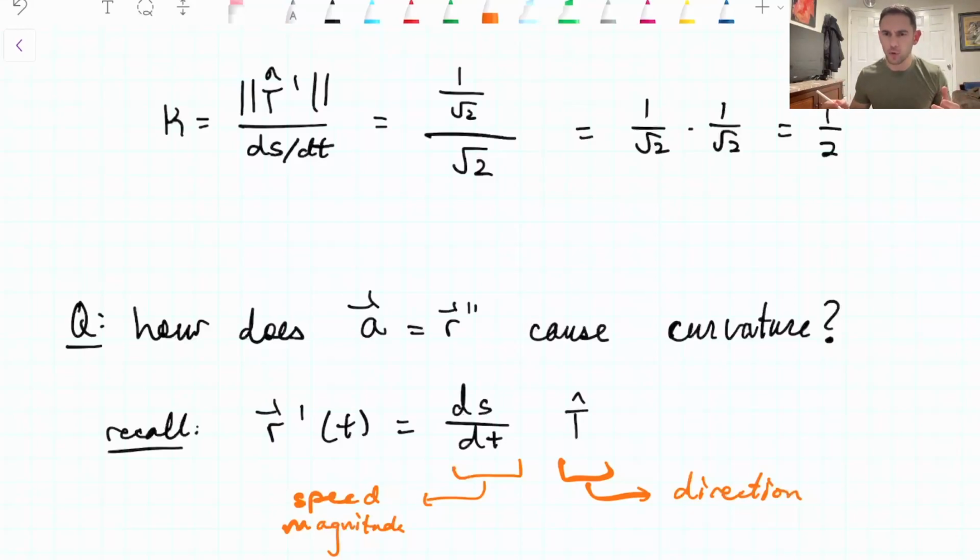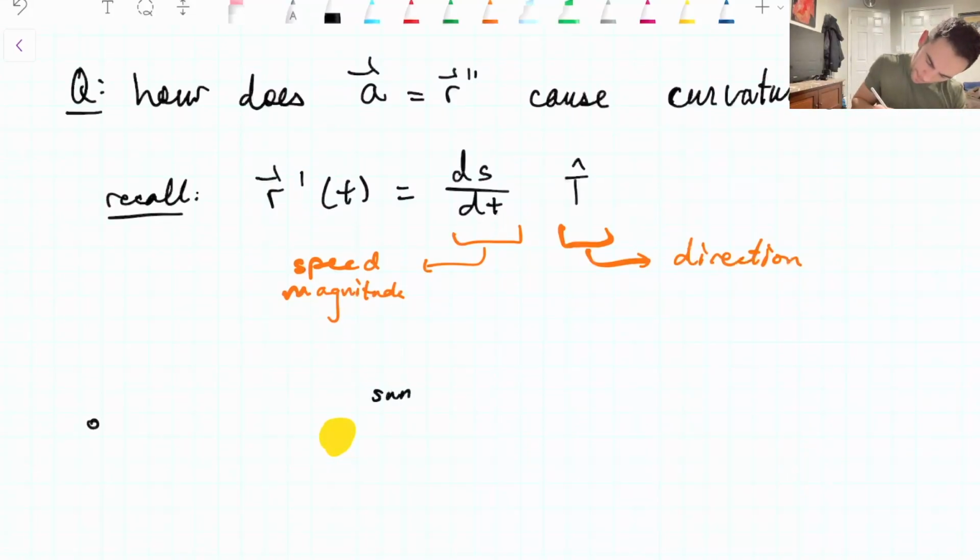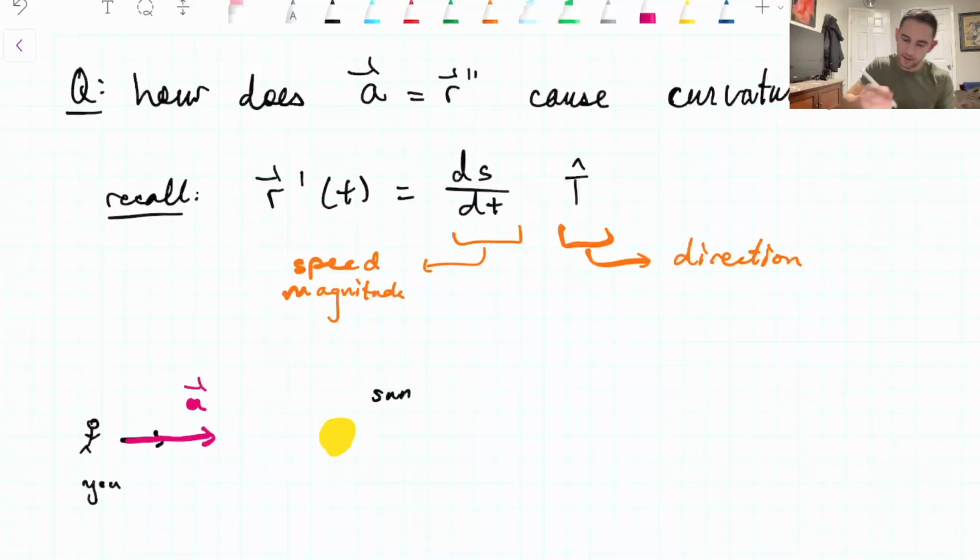And of course, we already know this, because if I were to say, here is the sun, and this was you, and you were traveling towards the sun, we know that the acceleration vector due to gravity is always pointing radially back towards the sun.